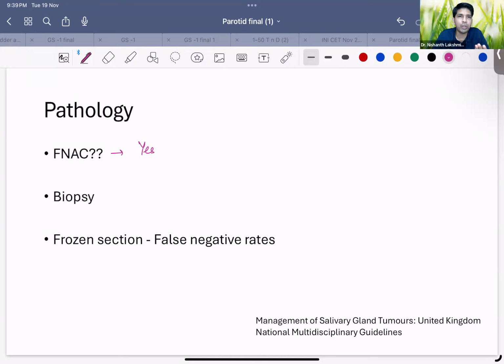Whether it is pleomorphic adenoma or malignancy, the surgery you're going to do is to remove the tumor with a cuff of parotid around it. There is no margin. So whether it's a mucoepidermoid or pleomorphic adenoma in the superficial lobe, the treatment is still to do a superficial parotidectomy. I'm giving you the baseline. Now justify why you think FNAC is important.